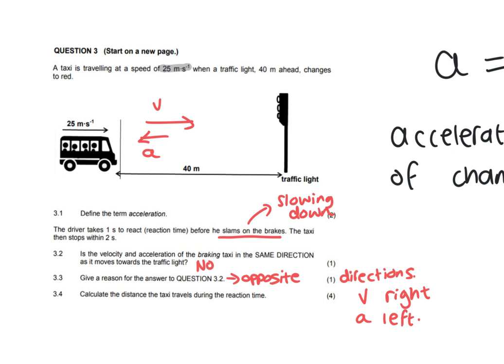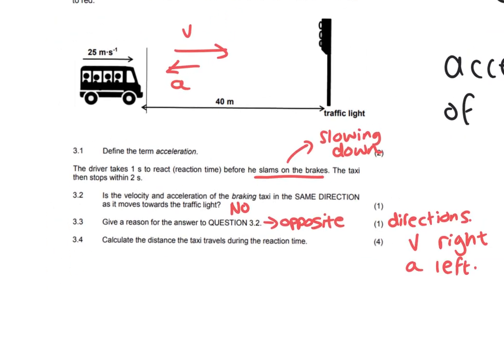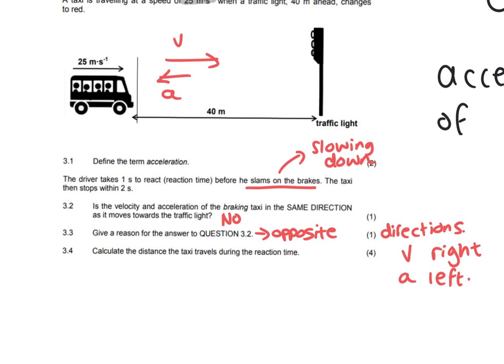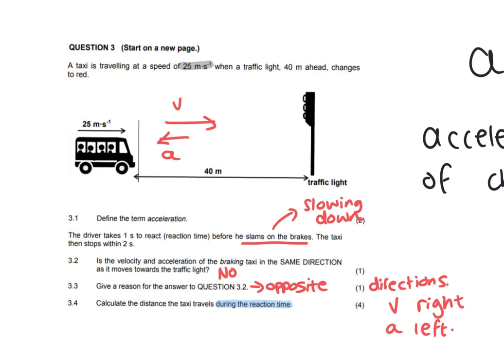The next question is calculate the distance the taxi travels during the reaction time. So the key word here is during the reaction time. So how are we going to do this using the information that we have? Okay, we're going to do our VTAX first, but let's read the question again. It says the taxi is traveling at a speed of 25, when a traffic light 40 meters ahead changes to red.